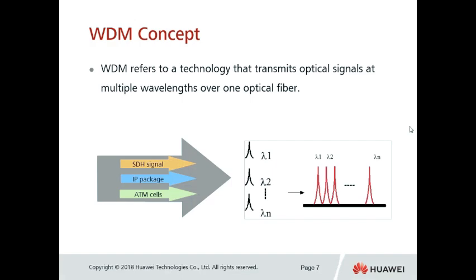They will never affect each other in the physical layer, right? Those wavelengths can carry a lot of different customer services: SDH signals, IP packets, ATM cells. We also have other customer services that can be carried by the WDM network. Okay, so the WDM network is very good, right?